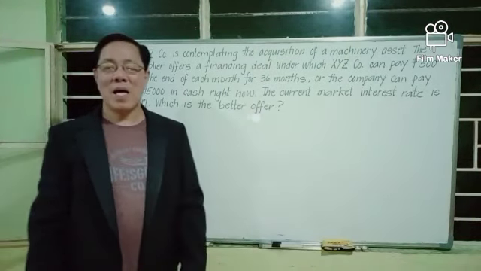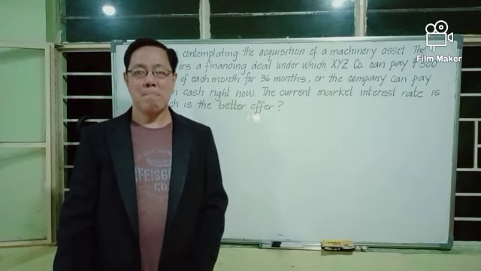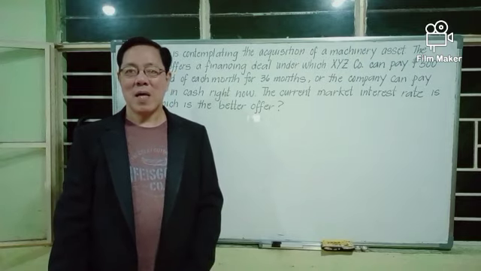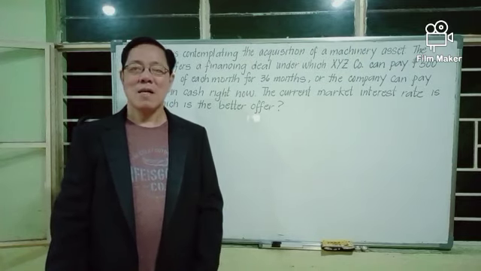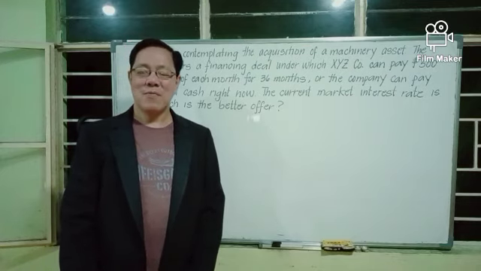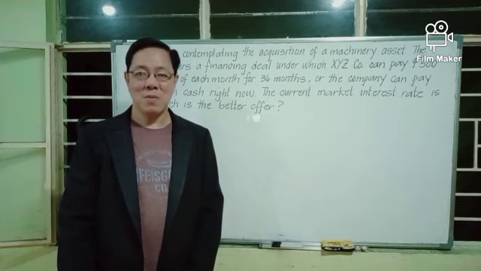Now, in this problem, XYZ company would like to acquire or purchase a machinery asset. And the supplier of this machinery asset has given XYZ company two options. The first option is to pay 15,000 pesos in cash right now.